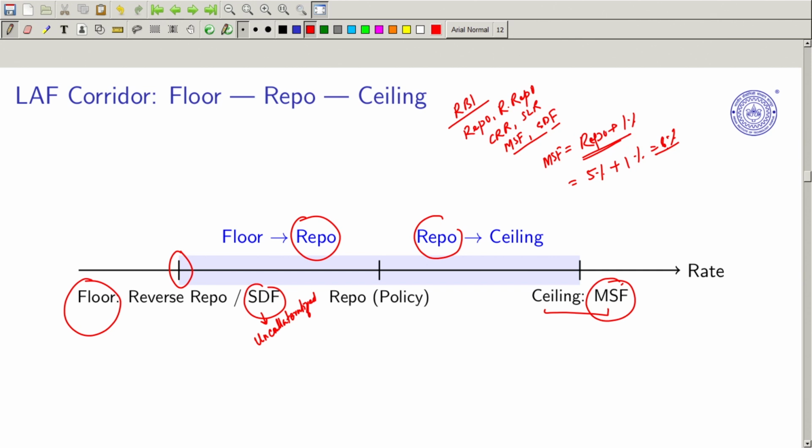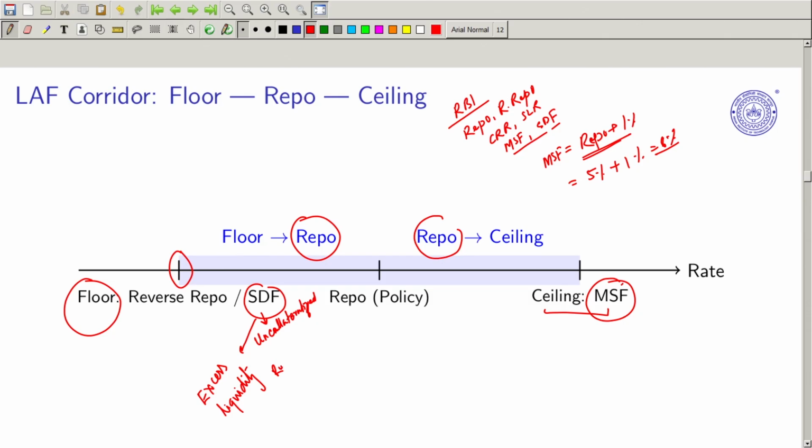If banks have excess liquidity, they can park this excess liquidity with RBI and they will get a rate of interest.